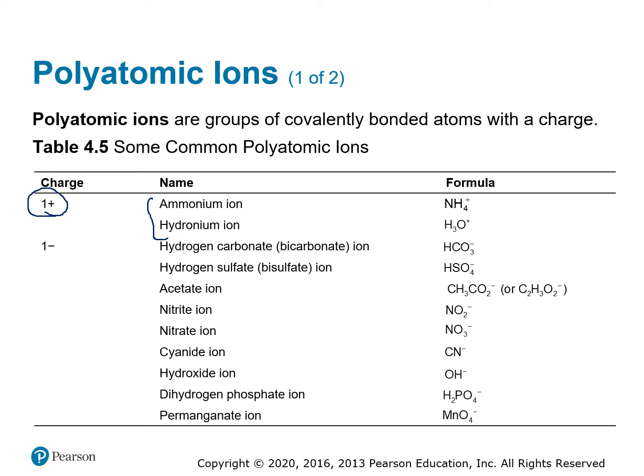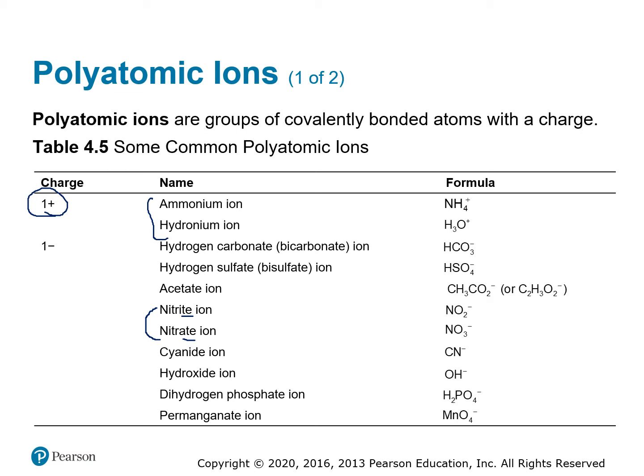Like that you have acetate ion. Some of the most common ones are nitrite, nitrate. Whenever you have this ITE and ATE, that means there is a difference of one oxygen atom. Nitrite, or ITE, usually has one oxygen less than ATE, which has one oxygen more.